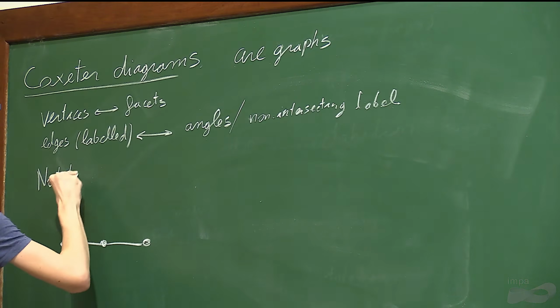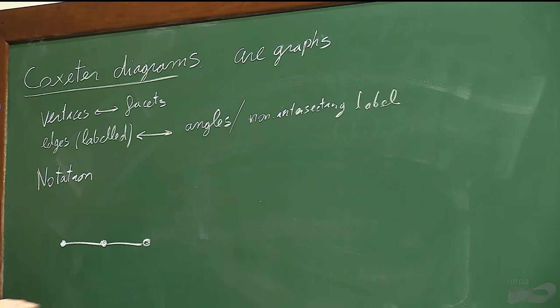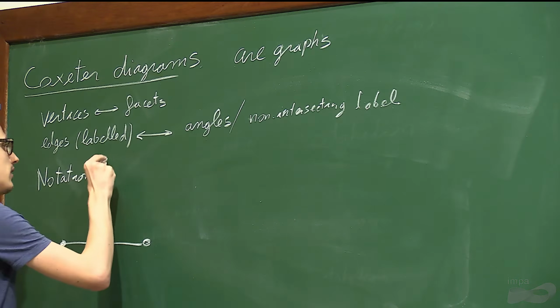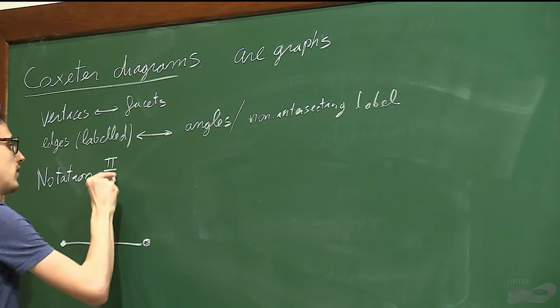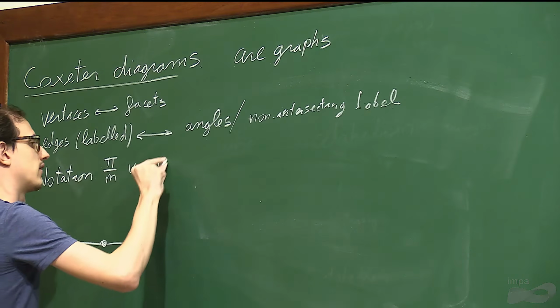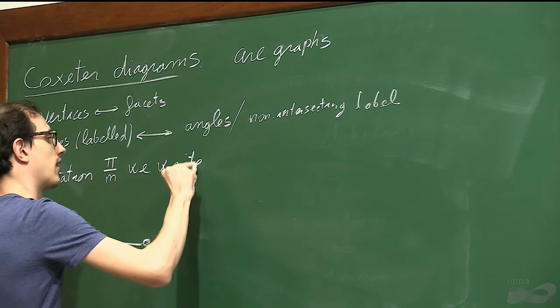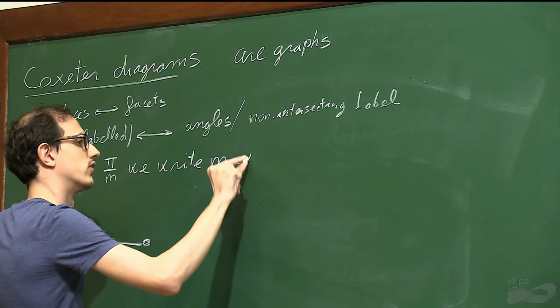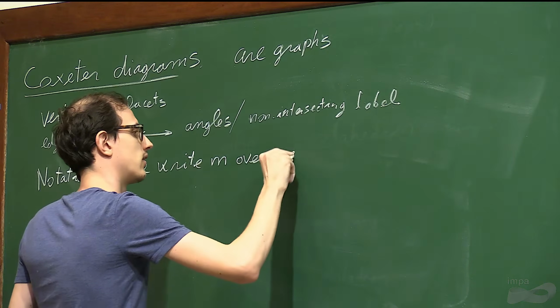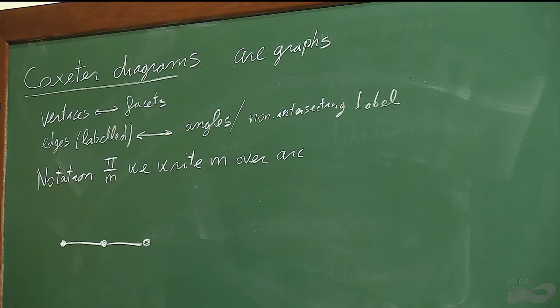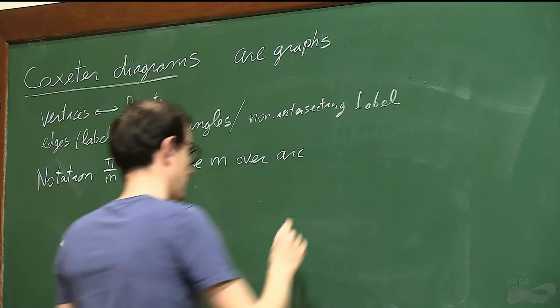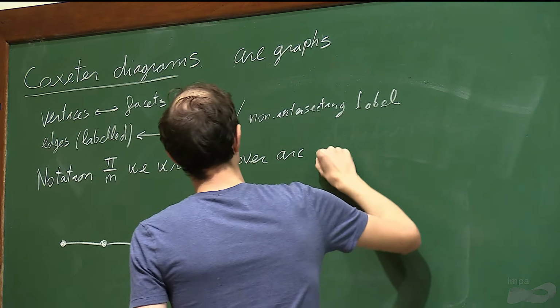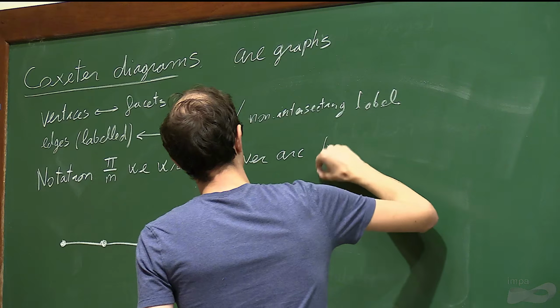If the angle is pi over m, we write m over the arc.